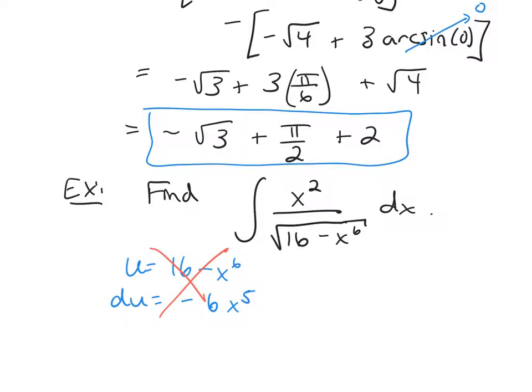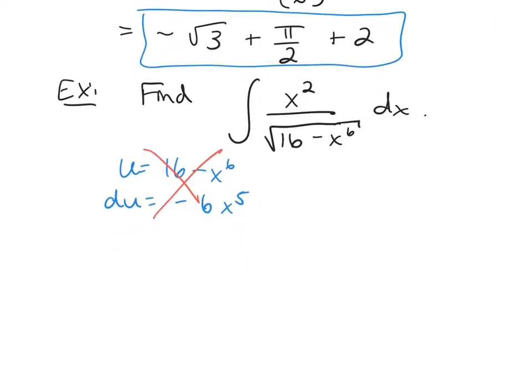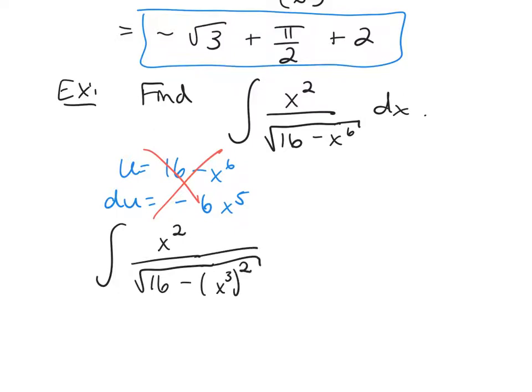So what else do I have in the integral? I have an x squared. So my substitution needs to be on x cubed. I'm going to need to rewrite this integral as the integral of x squared over the square root of 16 minus x cubed squared.